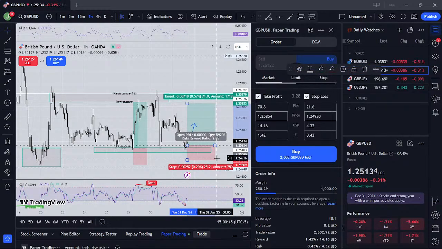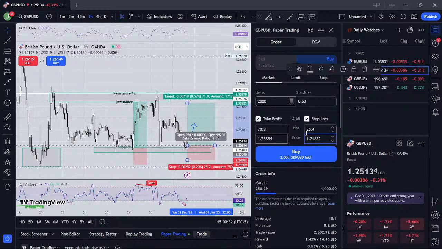I'm going to buy it. So that's the 2.68 risk reward, a little risk reward.